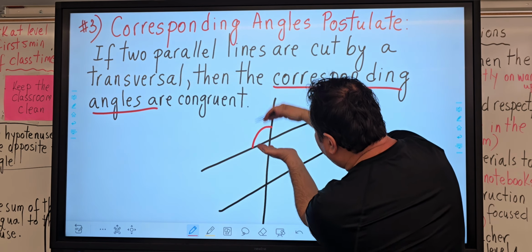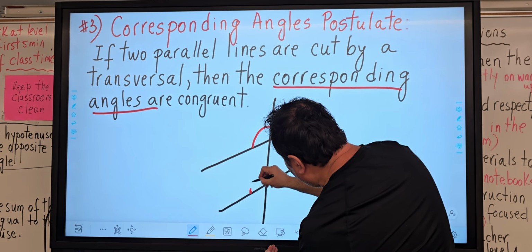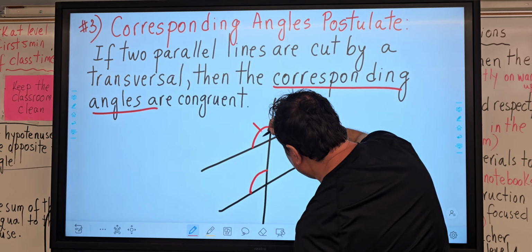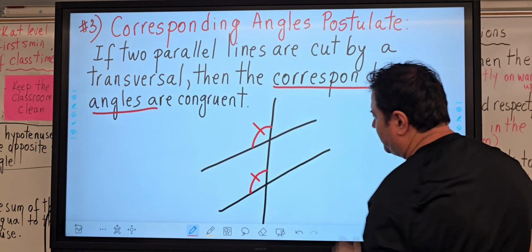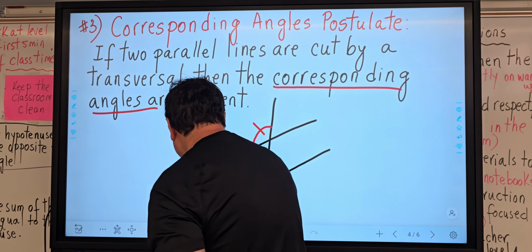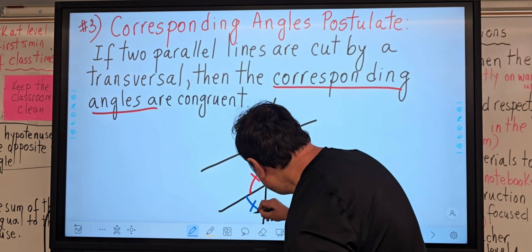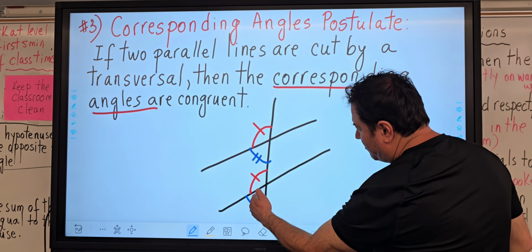This angle is above the line, and this angle here is above the bottom line. See that? They look the same, even as a visual. These two angles are called corresponding. And also, this angle here and this angle here are corresponding. You see, they look the same.